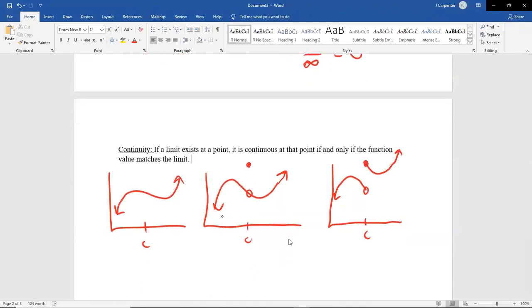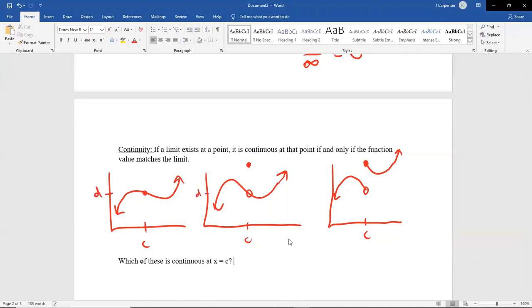So we're going to say which of these is continuous at x equals C. Well, the first one, this point right here, if you wanted to shade it in, you can. That's the function value. This height, let's say the function values are, let's go with D this time.